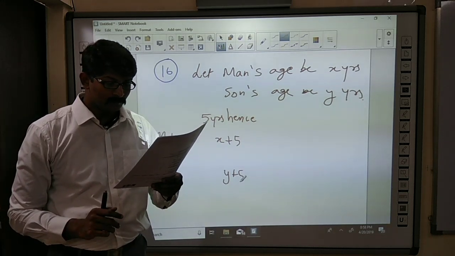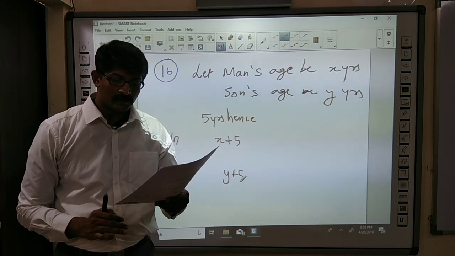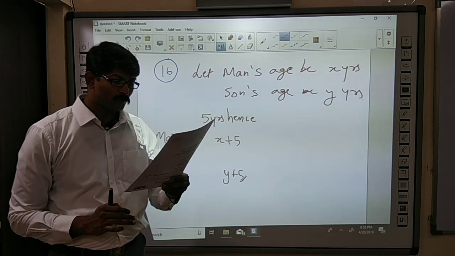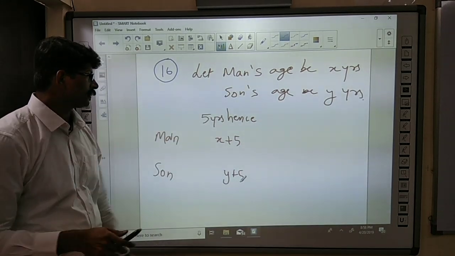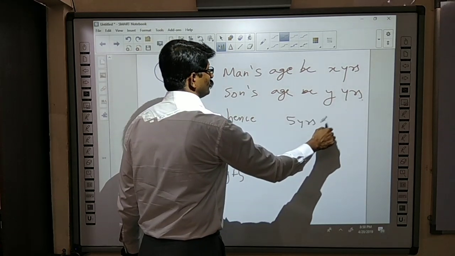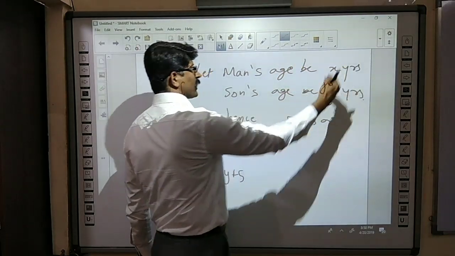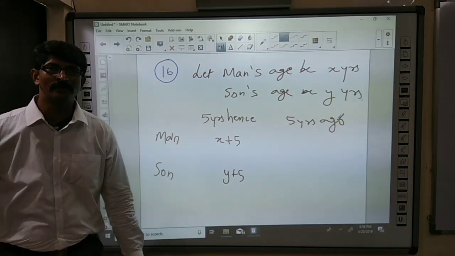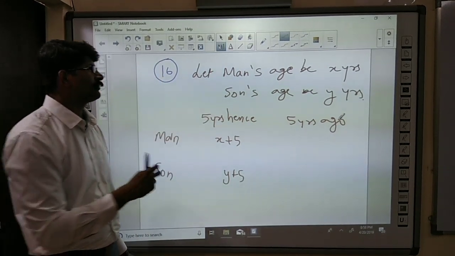And 5 years ago he was 7 times as old as his son. So 5 years ago, of course x and y are their present ages, so the man would be x minus 5 and the son would be y minus 5.